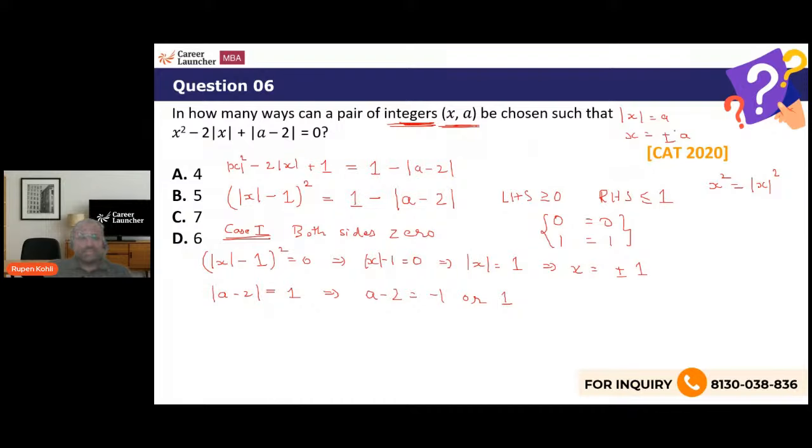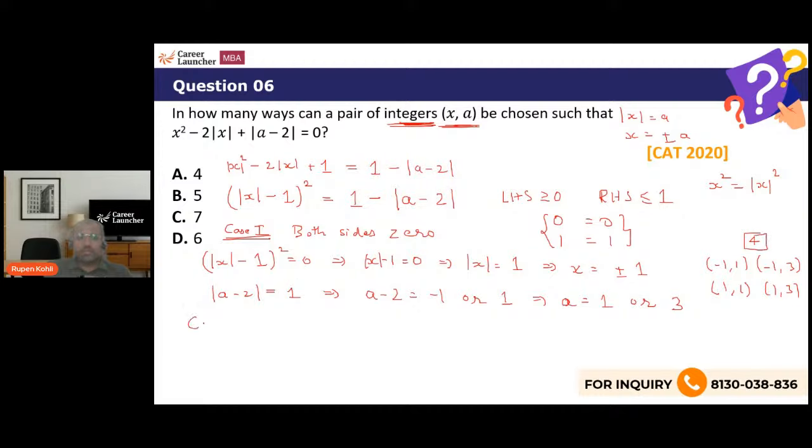We get that a is either 2 minus 1 or 2 plus 1, 1 or 3. x is plus minus 1, a is 1 or 3. x has two values, a has two values. In total there are four solutions: x comma a, minus 1 comma 1, minus 1 comma 3, 1 comma 1, 1 comma 3. We get these four solutions from case 1.